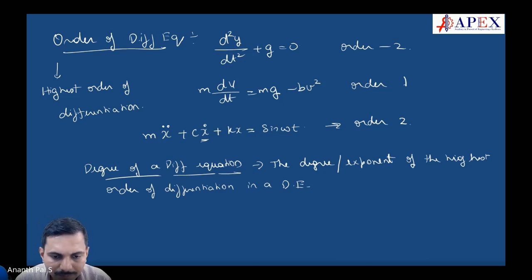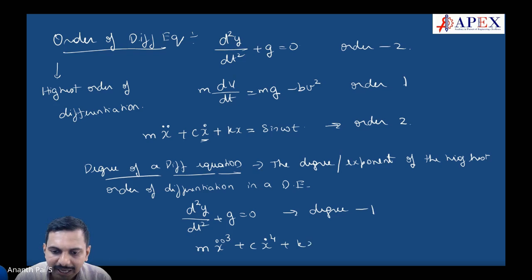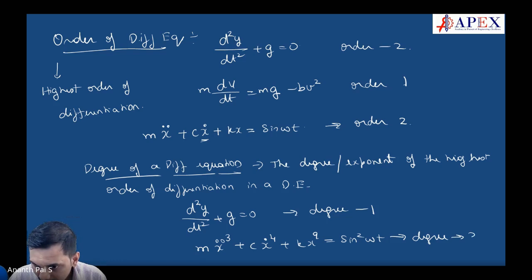For example, here d square y by dt square plus g is equal to 0. Degree is 1. Make sense? Second, if I had the same thing, say m x double dot cube plus c x dot power 4 plus kx to the power 9 is equal to sine square omega t, this degree would be equal to 3.